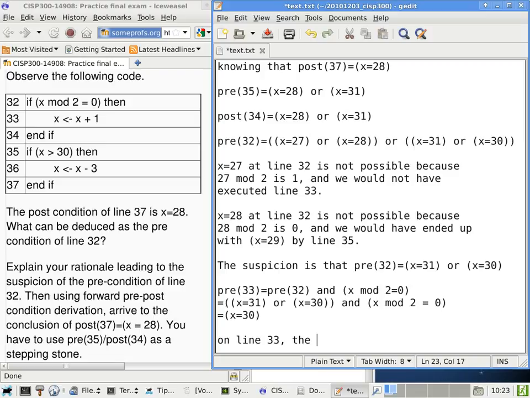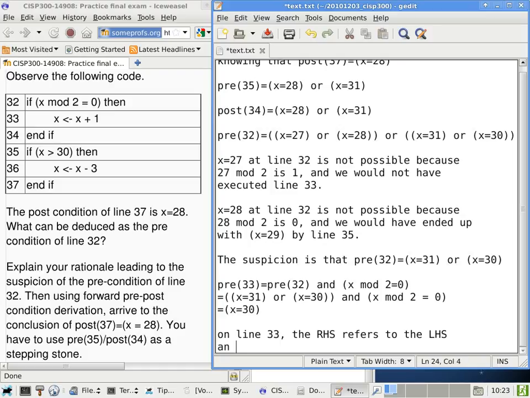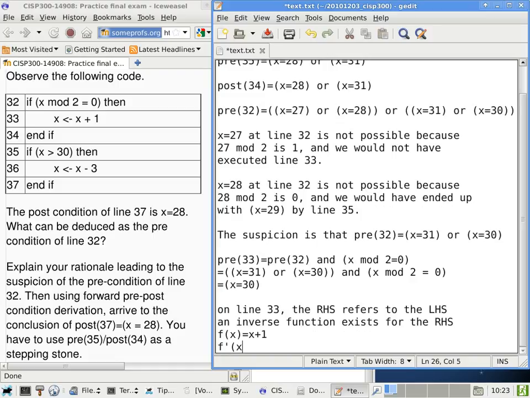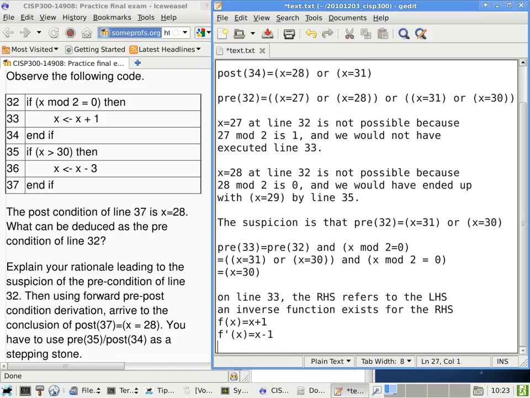On line 33, the right-hand side refers to the left-hand side, and an inverse function exists for the right-hand side. So if I define f of x to be x plus 1, the inverse function is going to be just x minus 1.